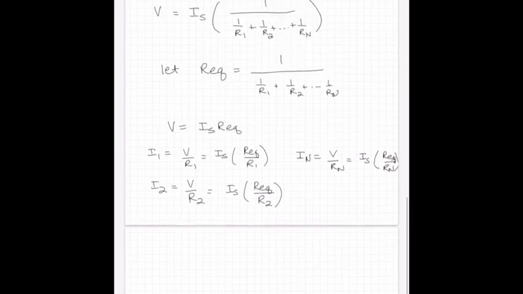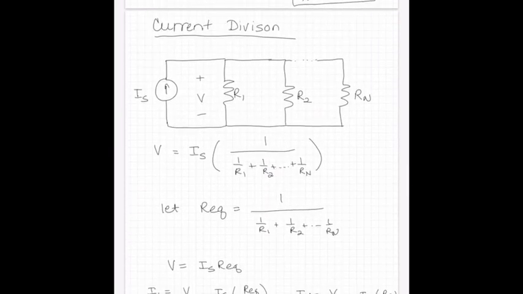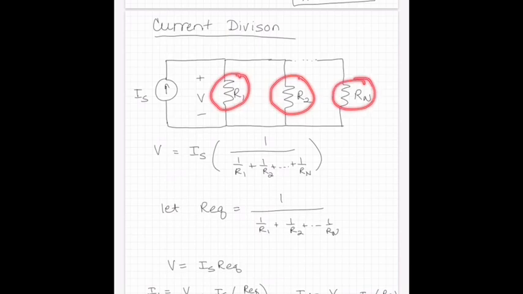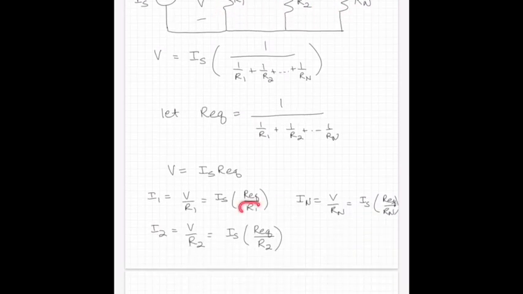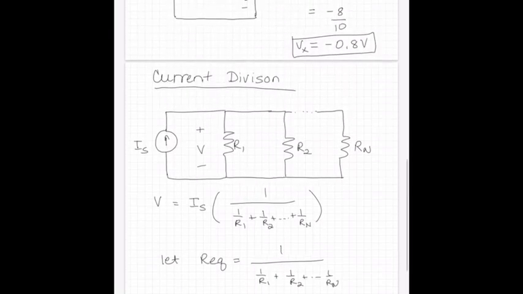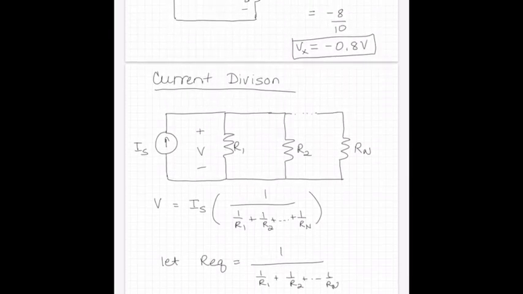So what happens is that the largest resistor in the parallel string gets the smallest amount of current, right? Because the resistor we want to know about is in the denominator, and so the larger R1 is, the smaller the amount of current it gets, which makes sense, right? Because current wants to take the path of least resistance, and so most of the current will go through the smallest resistor, and then the bigger resistors will get a smaller portion.